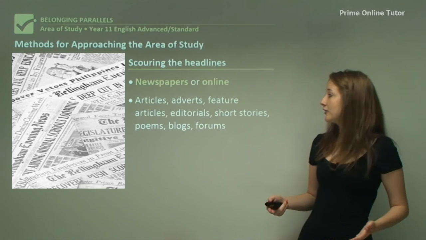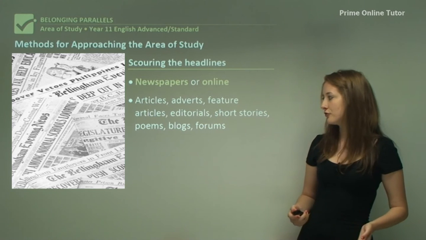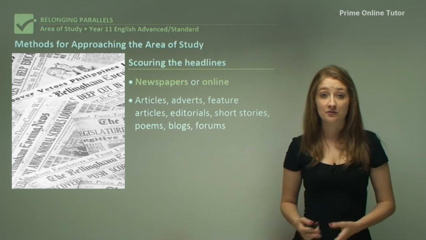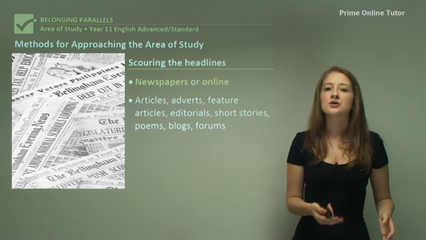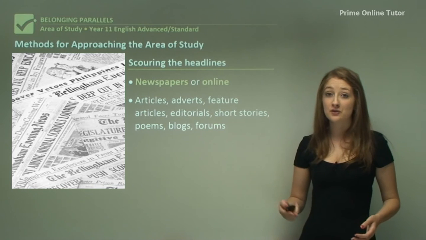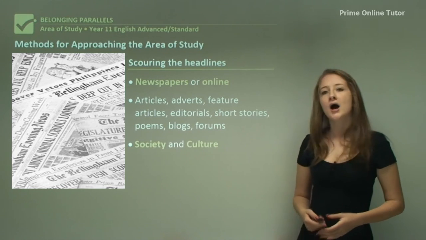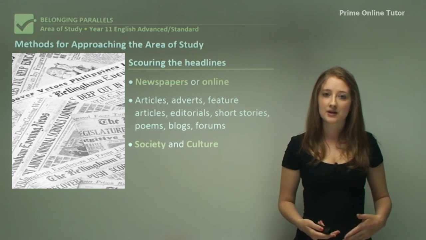You can use articles, adverts, feature articles, editorials, short stories, poems, blogs, and forums which are about your area of study. And you don't only have to use these as related texts, but you can also use these as a stepping stone to having a better understanding for your topic. Having an understanding of society and culture is going to let you understand your text more.